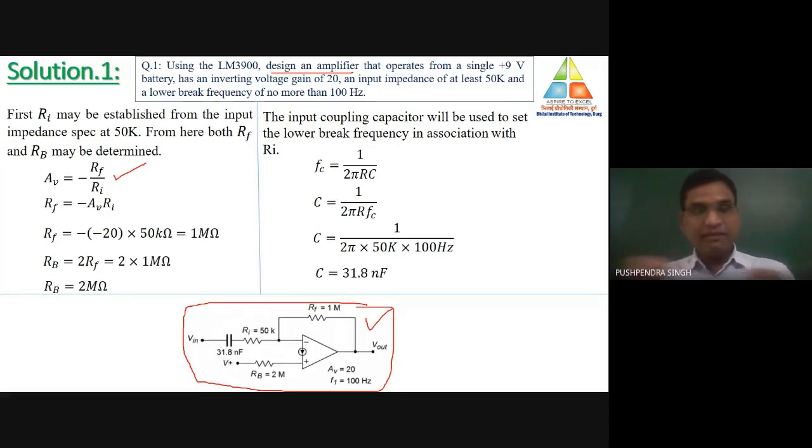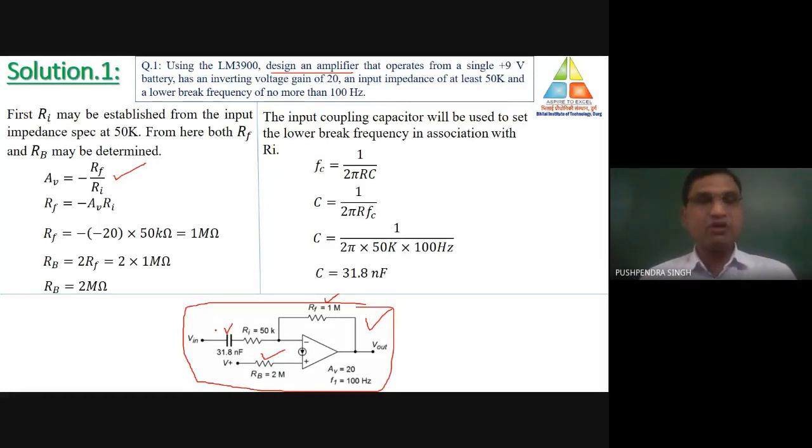First, make a picture of what you want to calculate. So in the case of the inverting Norton's amplifier, you need to calculate the value of resistance RF. You need to calculate the value of resistance RB. These are the unknown parameters, and one more parameter is the coupling capacitor. So these three parameters you need to calculate over here.